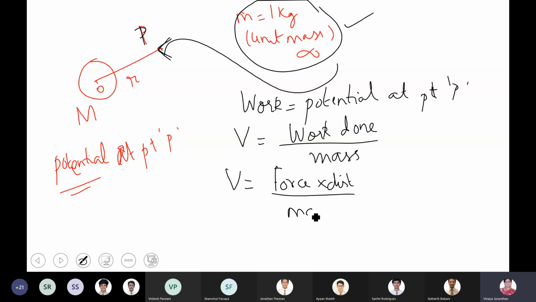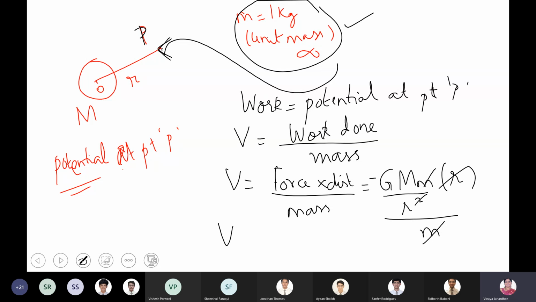What is the force? Force will be GMm by r squared, because it's an attractive force, into r divided by m. So V becomes minus GM divided by r. This is the potential at point P.